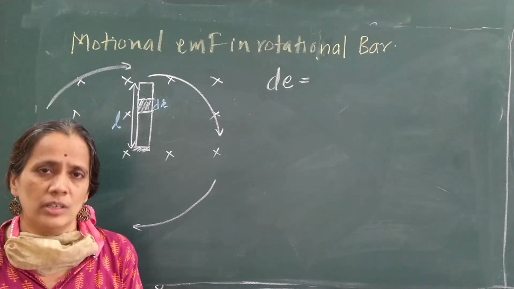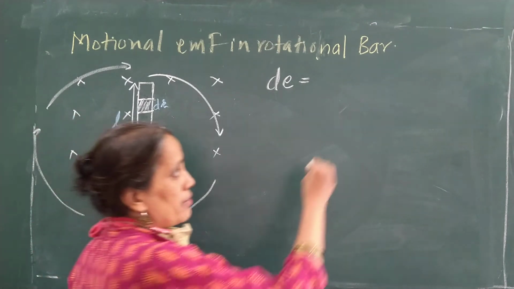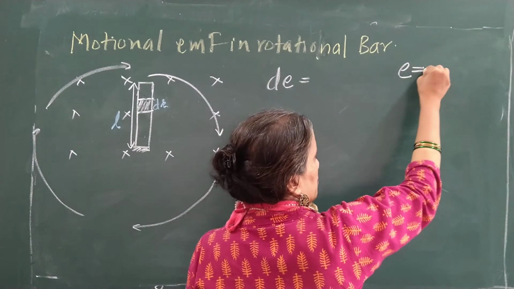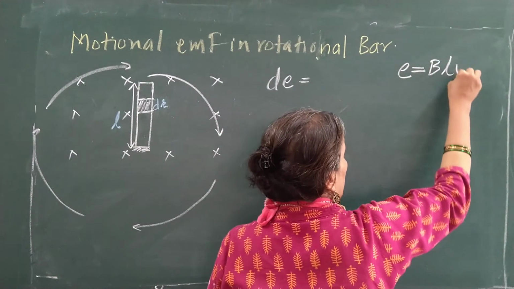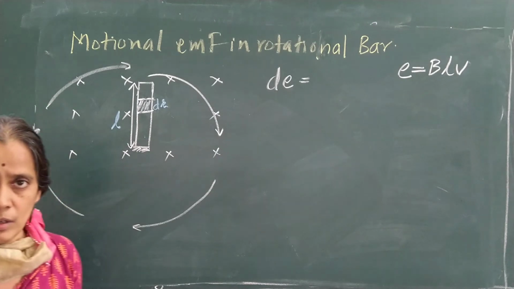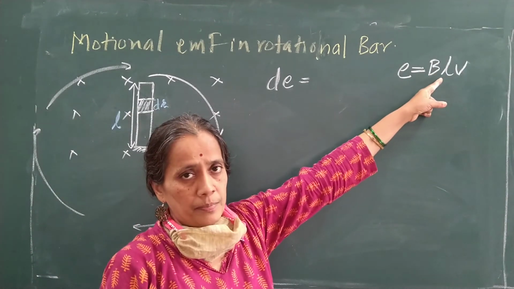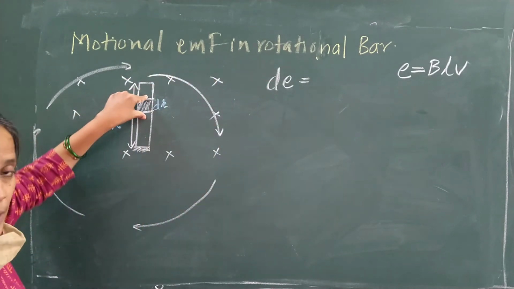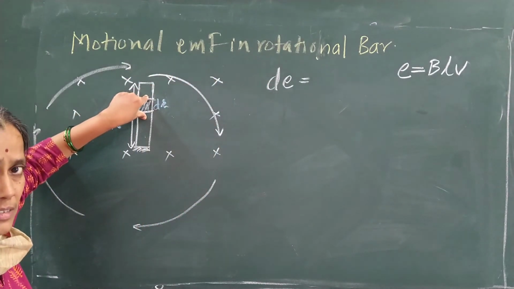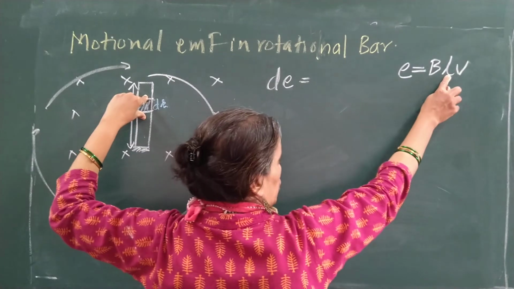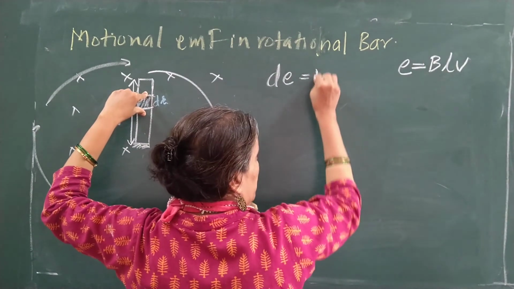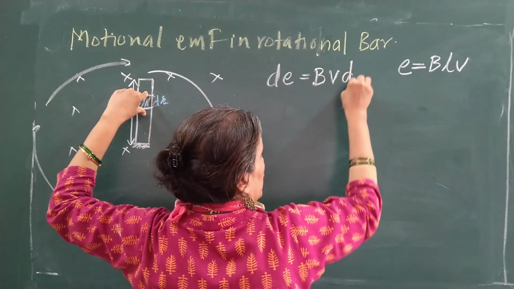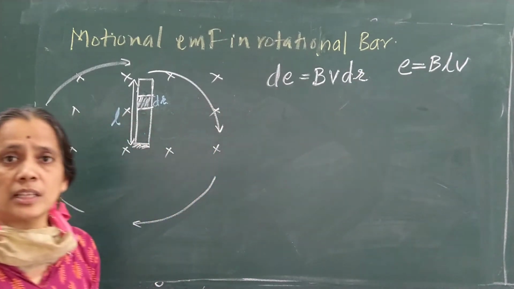In the previous lecture, we have seen the EMF induced in the conducting bar is BLV. This is the formula. Using that formula, the small EMF induced in a small element having length dr: instead of L, I replace it by dr. So what am I getting? B V dr. This is nothing but a small EMF.